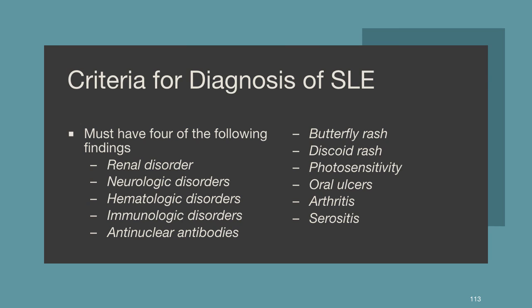The criteria for diagnosis of SLE is they have to have 4 of the following findings: a renal disorder, a neurologic disorder, hematologic, immunologic, anti-nuclear antibodies, the butterfly rash, discoid rash, photosensitivity, oral ulcers, arthritis, or serositis.